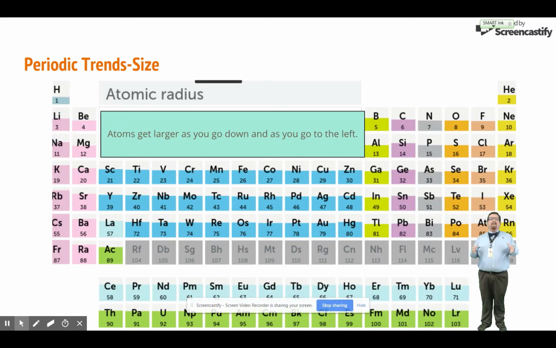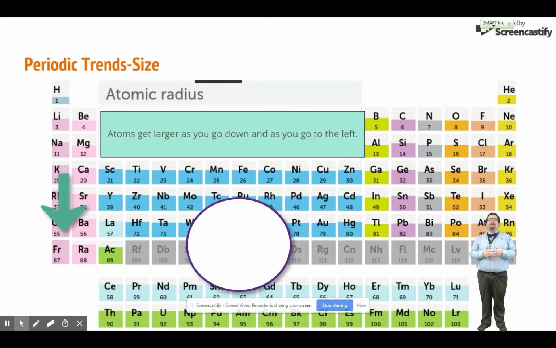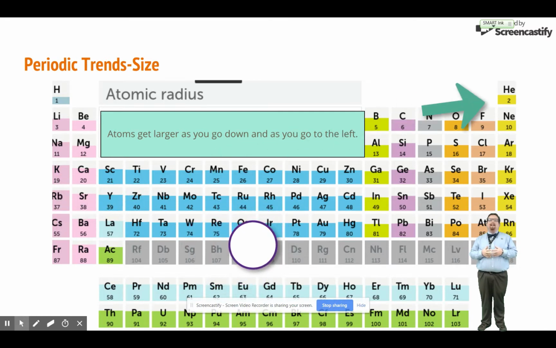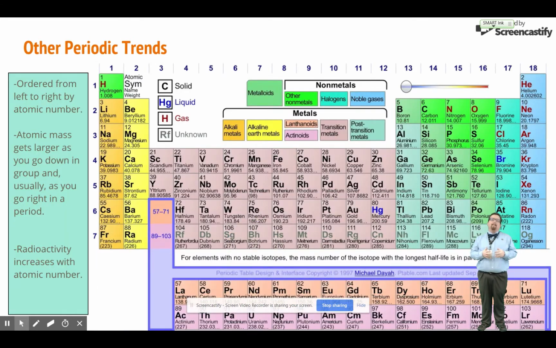The size of an atom, as judged by its radius, tends to increase as you go down and to the left. Francium is the largest element with a radius of 348 picometers, while helium only has a radius of 140 picometers.